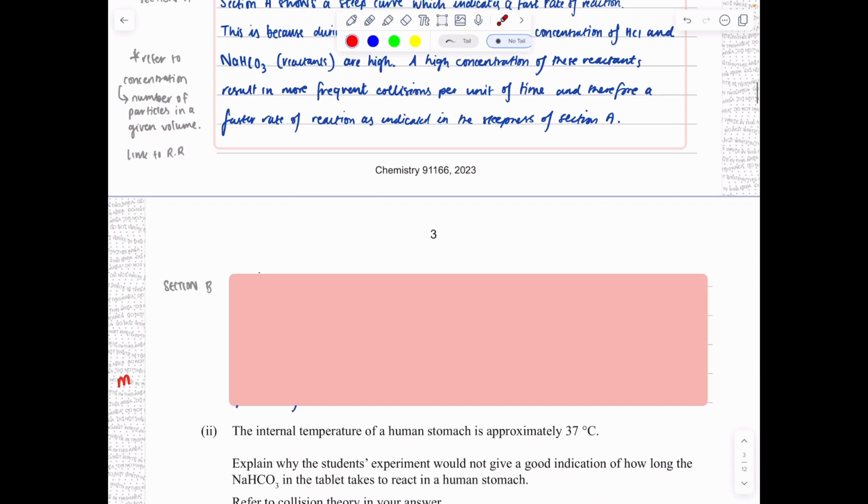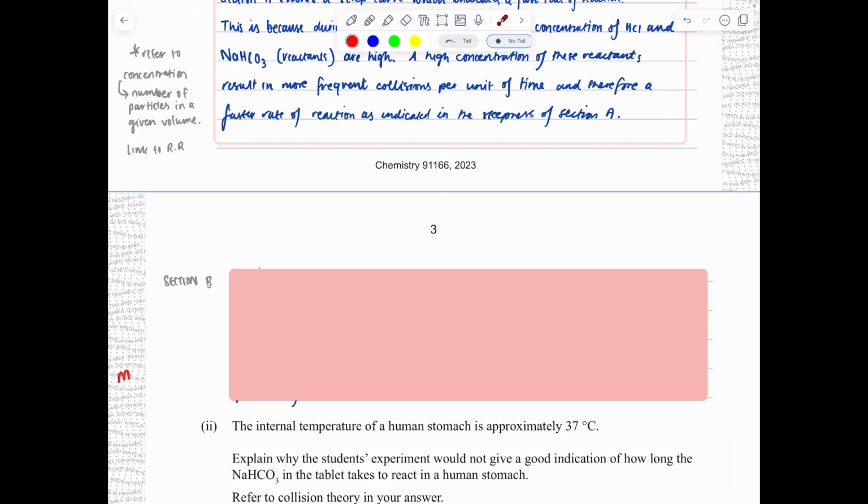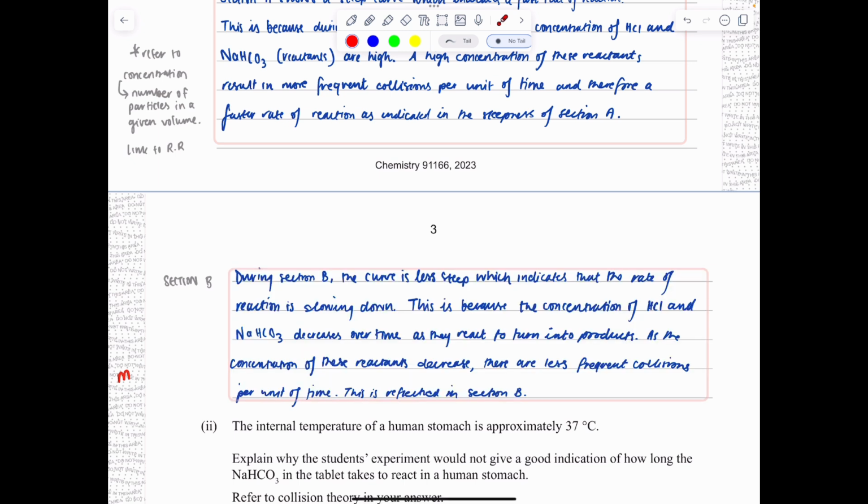Okay, now to look at section B. Now feel free to pause and see what you would write and then compare it to what I have written, but let's have a look. During section B, the curve is less steep, which indicates that the rate of reaction is slowing down. This is because the concentration of HCl and sodium hydrogen carbonate decreases over time as they react to turn into products.